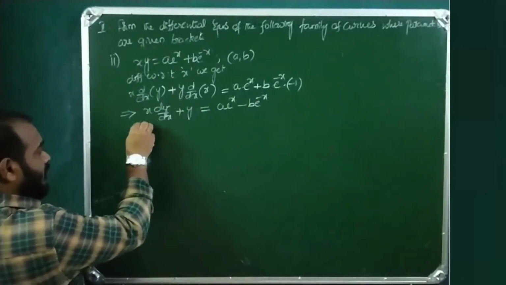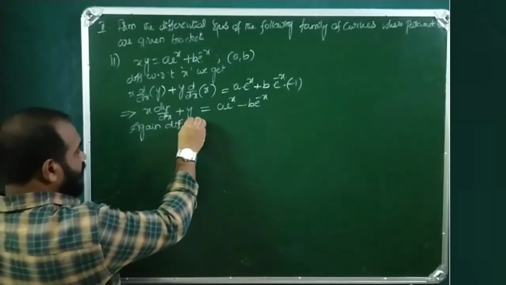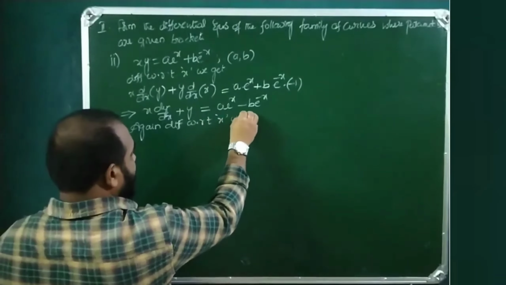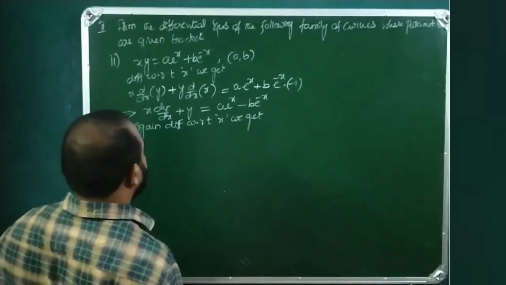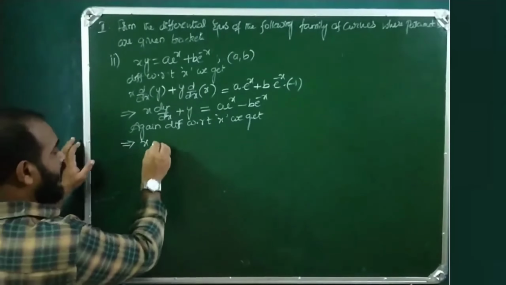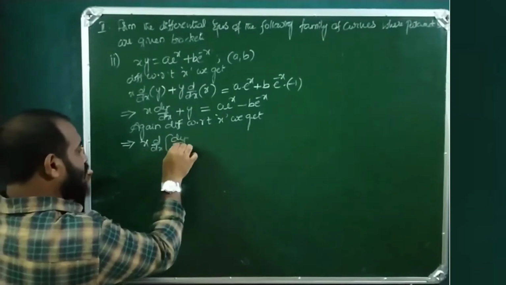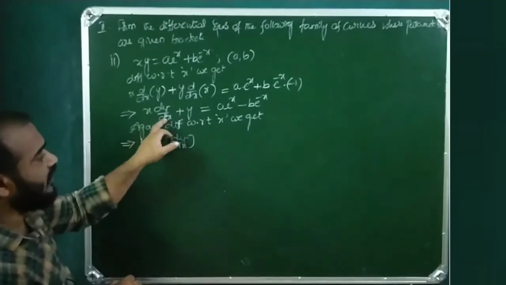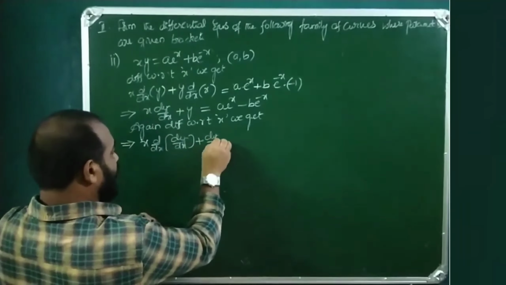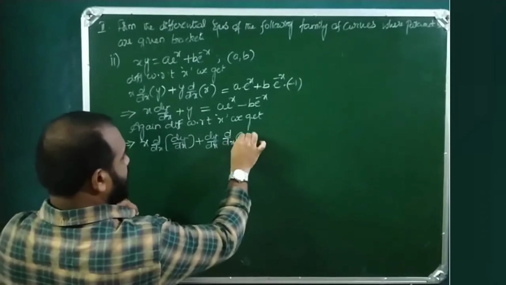Again differentiating with respect to x, we get x into d/dx of dy/dx, again this is uv plus y into dy/dx into d/dx of x.